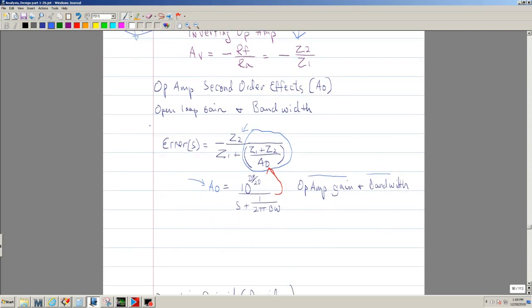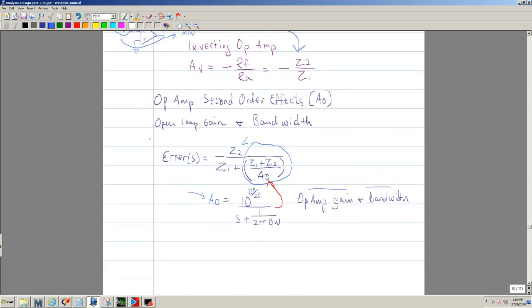Now for those who have taken circuit theory, when you plot the gain of an op-amp, the gain is usually very high. Then it has a low corner frequency where it starts dropping, and typically this would be the open loop gain of the op-amp, and where it starts dropping, that's the bandwidth.